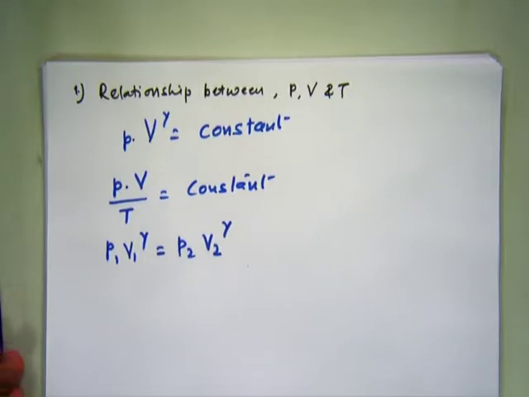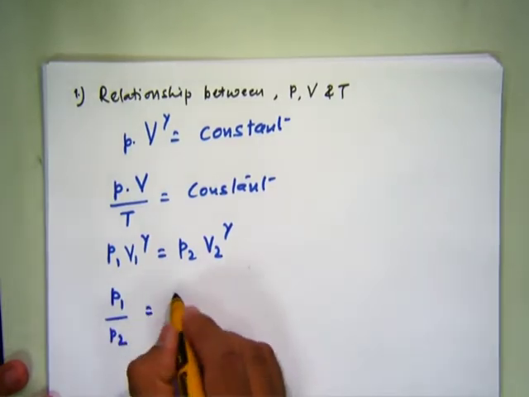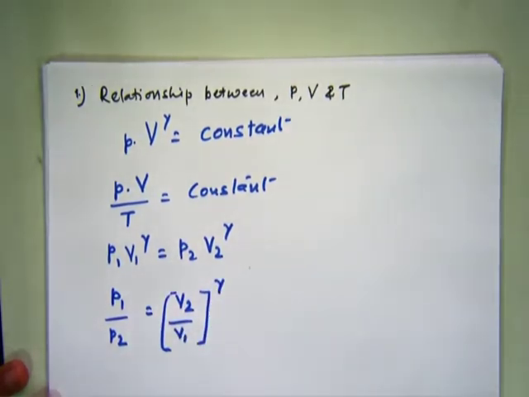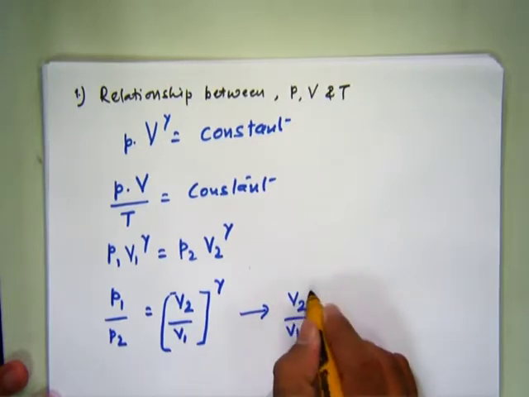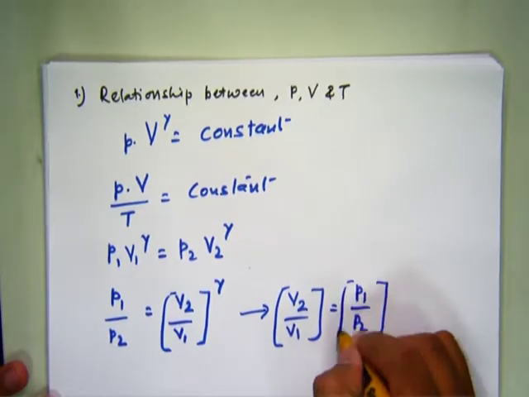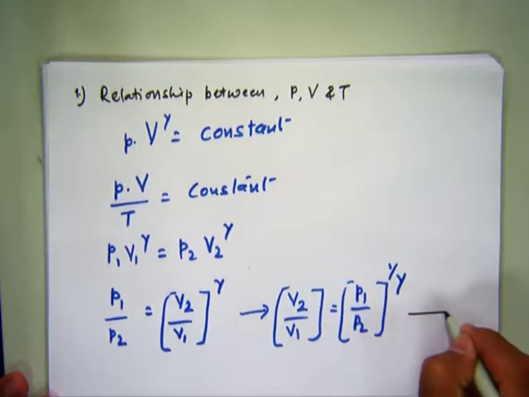From here you can write that P1 upon P2 is equal to V2 upon V1 whole raised to gamma, or in other words, V2 upon V1 is equal to P1 upon P2 whole raised to 1 upon gamma. Let us say this is equation 1.